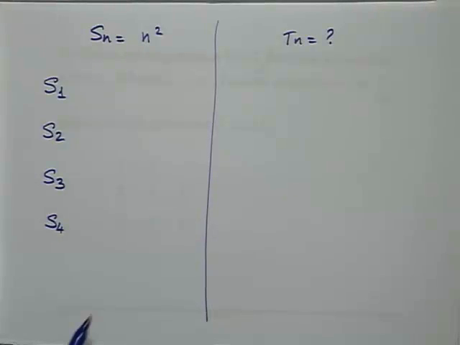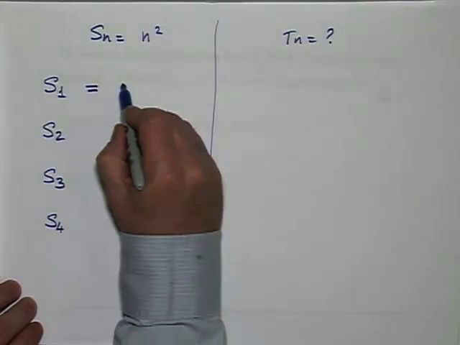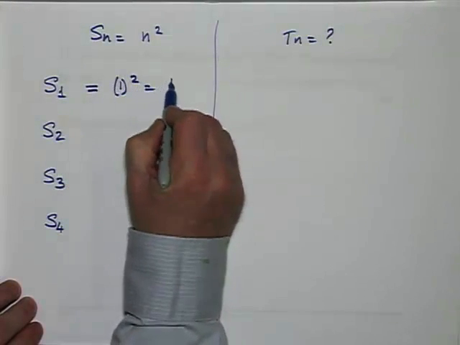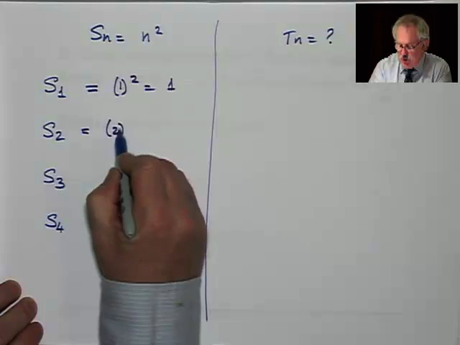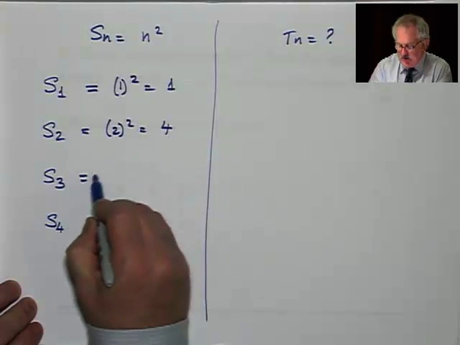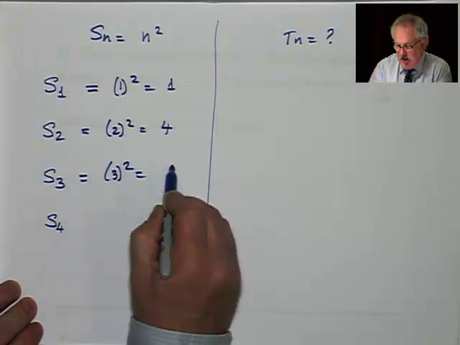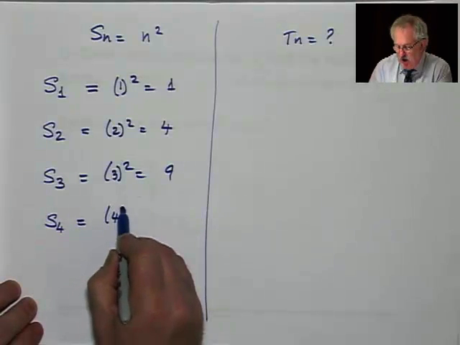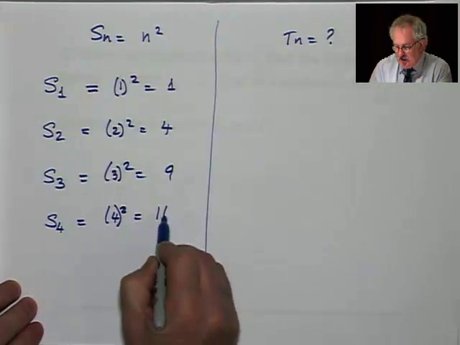Okay, we're going to do this. S1 is 1 squared, which is 1. S2, 2 squared is 4. S3, 3 squared is 9. And S4, 4 squared is 16.